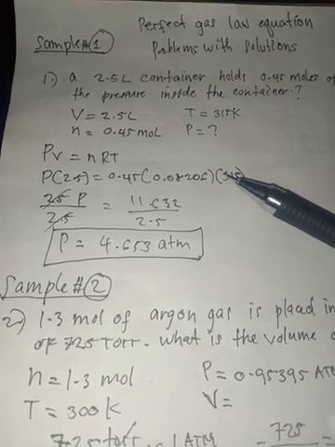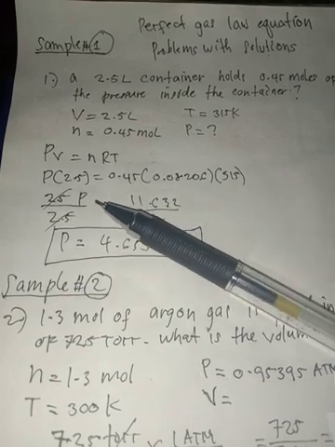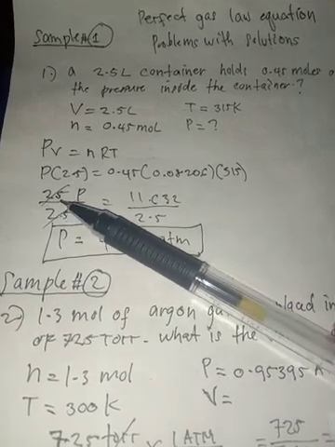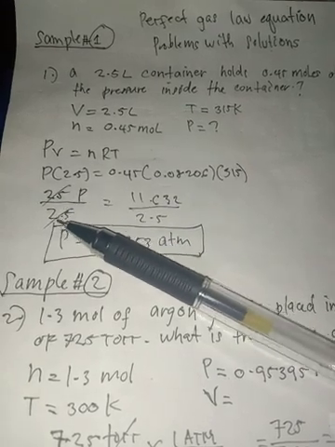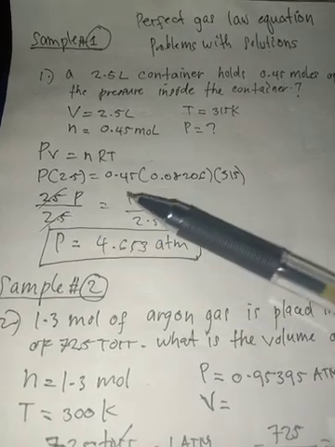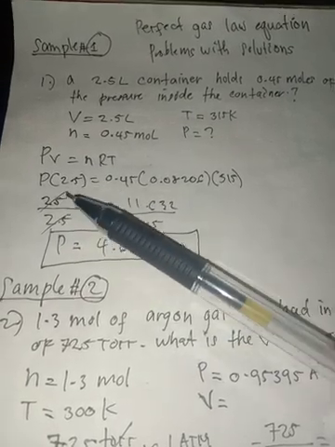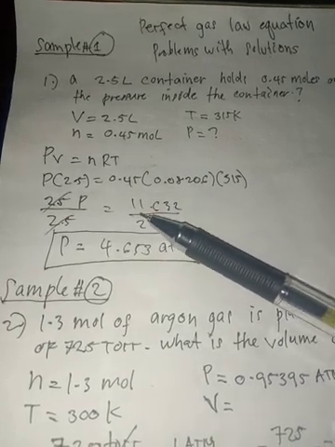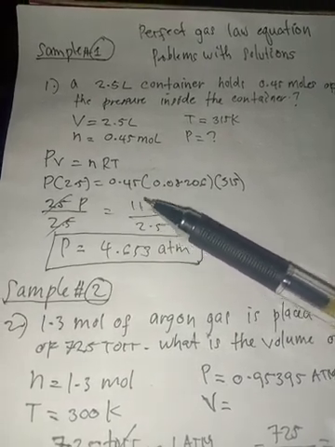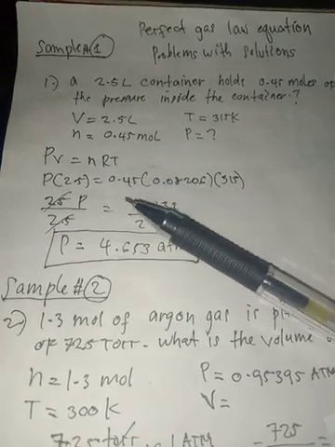Kelvin. Now to get the value of pressure, we are going to write down 2.5, then multiply, then divide by 2.5. So we are going to cancel this one, 2.5 cancels. What we are going to do here is multiply.